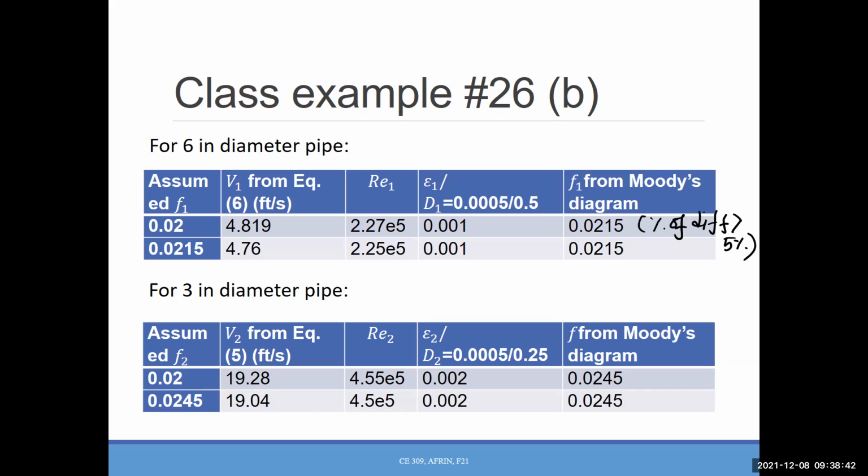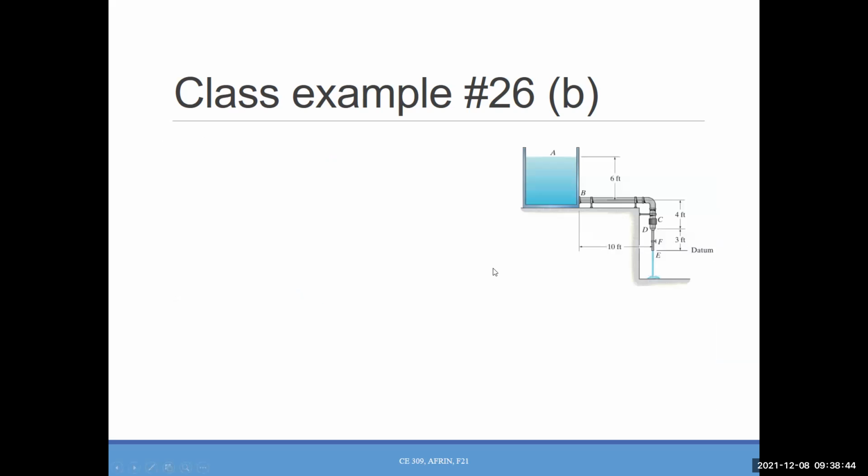How did I get 10 plus 4? That's because, are you seeing that from this point to this point it's 10? And since from B to D is actually pipe 1 and this one is 4, so that is actually 10 plus 4. That's why we use 10 plus 4.